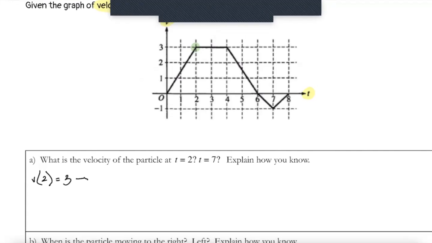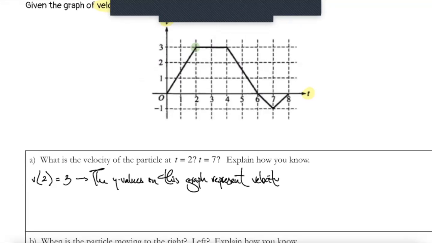And our reason for this would be: the Y values on this graph represent velocity. All right, so if we answered the question V of 7, what would we say?